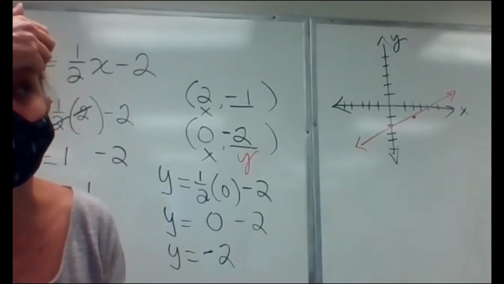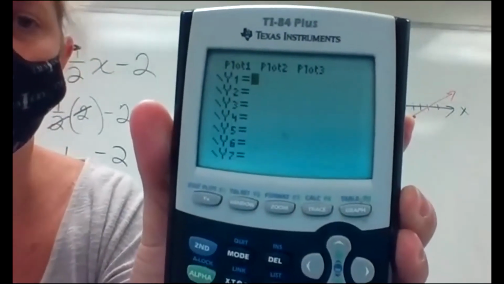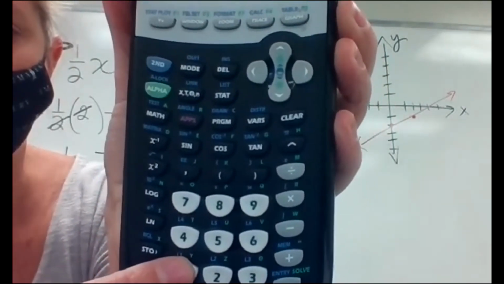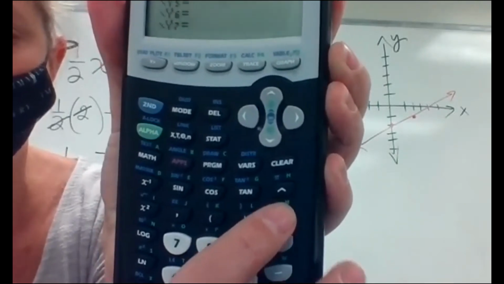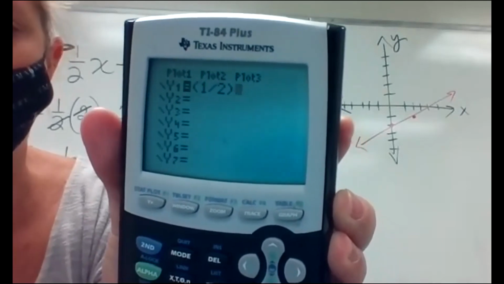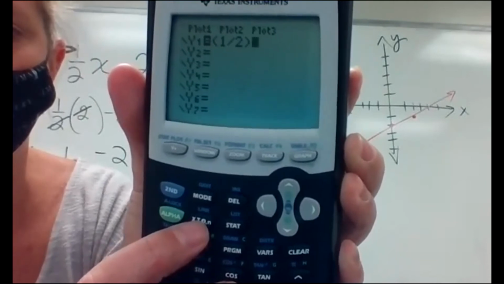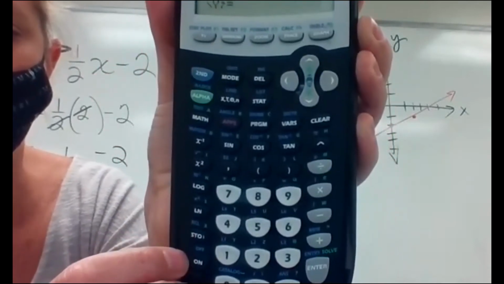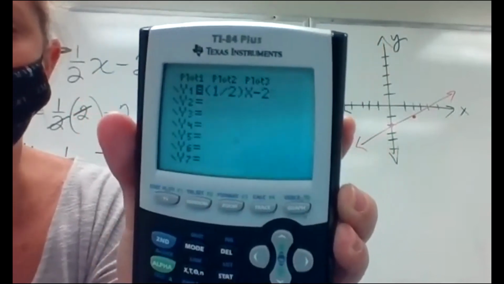I like to put fractions in parentheses. So I'm going to do open parenthesis, 1. Now, to make the fraction bar, because I'm making 1/2, I hit divided by 2, close, so 1/2. Now remember, your X button is this one right here. So 1/2 X, and then minus 2. So 1/2 x minus 2.